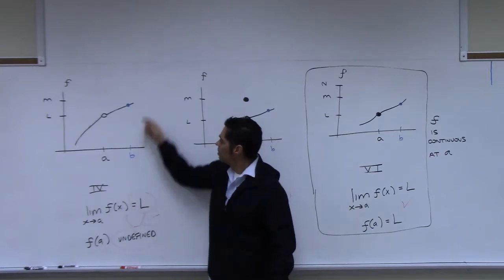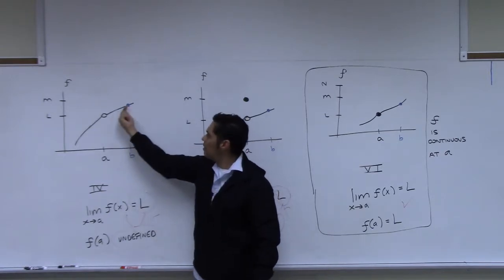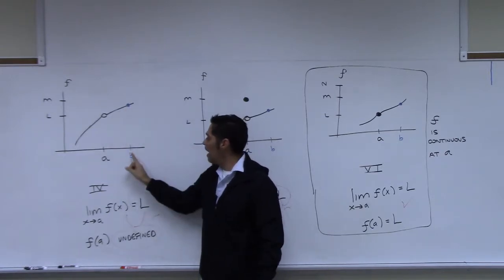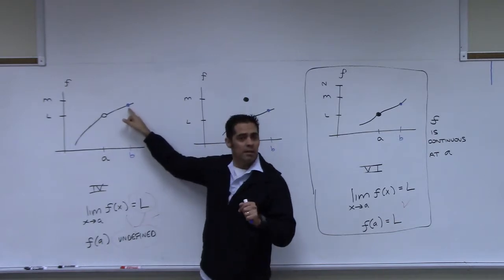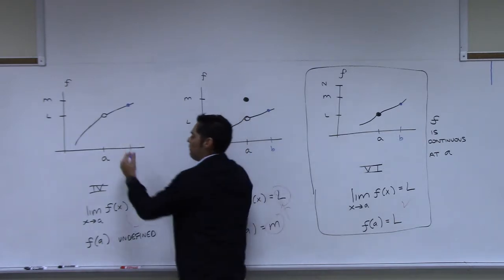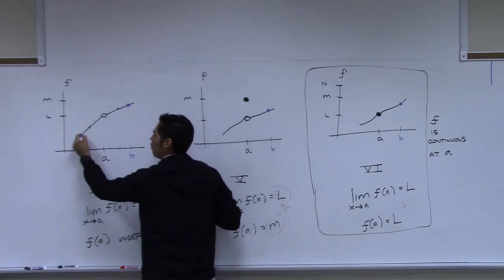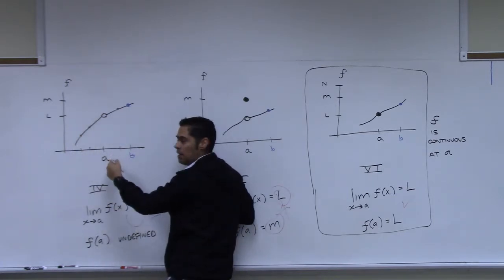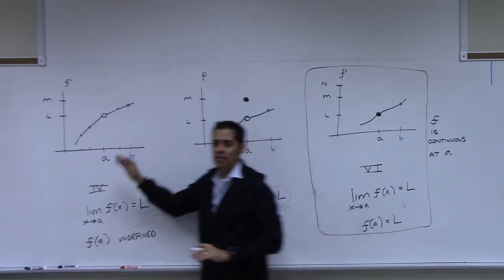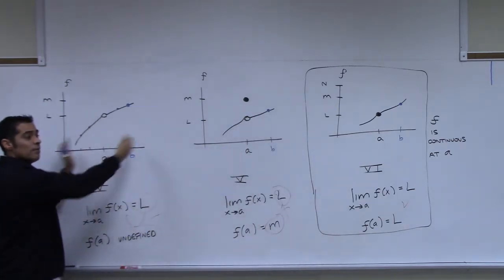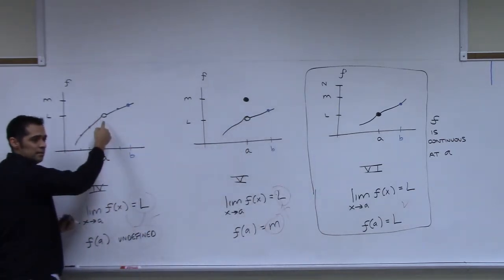Yes, because it's coming in from the right and from the left to the same place, and at b it's defined, right? You could have done that for any point, except what? a, right? So that function is continuous everywhere except a.